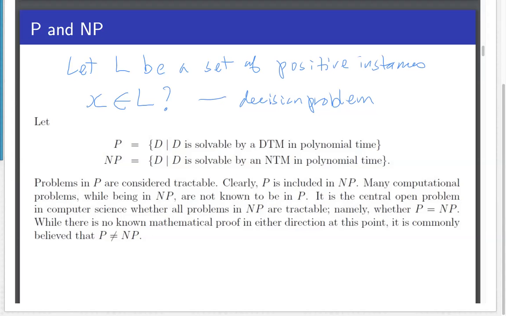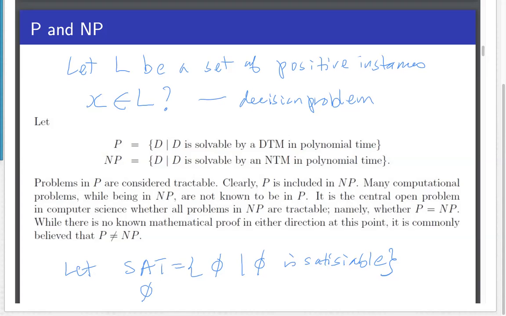Let me give you an example, which we're going to look at later: SAT, the set of all Boolean formulas that are satisfiable. It is a decision problem. Let's say I'm given a Boolean formula phi.